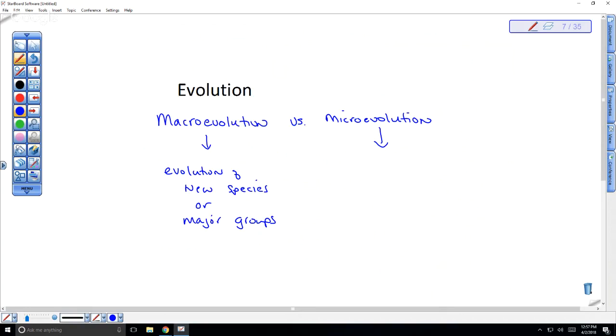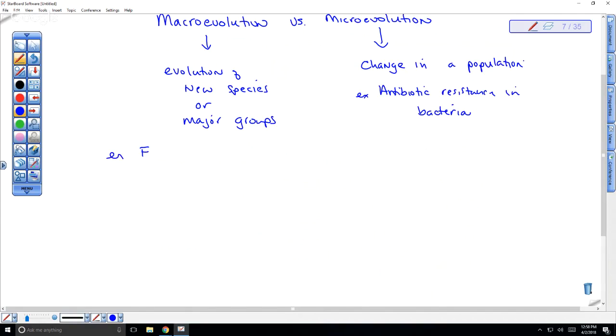Microevolution, on the other hand, is just a change in a population, like antibiotic resistance in bacteria. So when we talk about macroevolution, we can look at the fossil history of vertebrates, for example. So this would be looking at the fossil record of vertebrates. So this is my example.